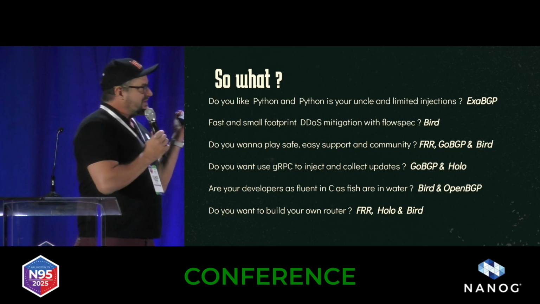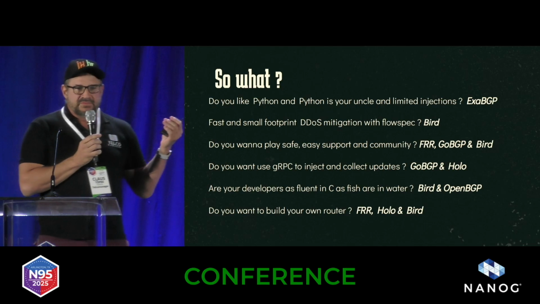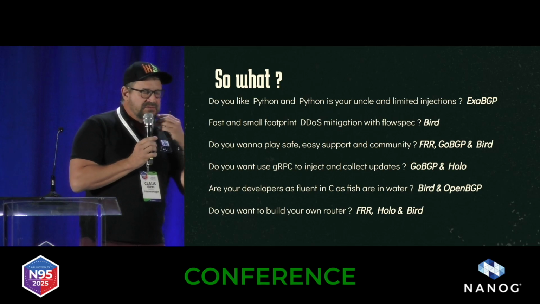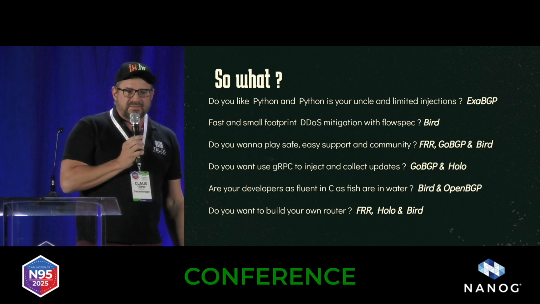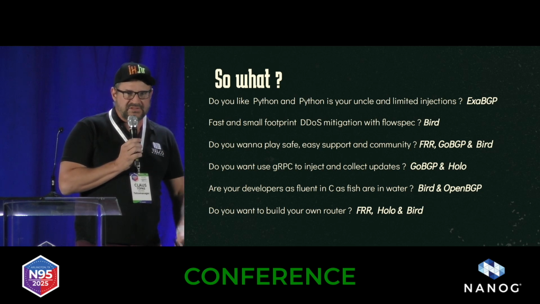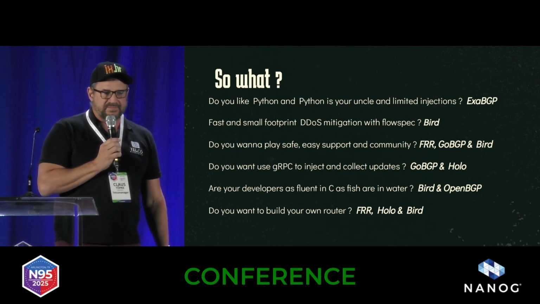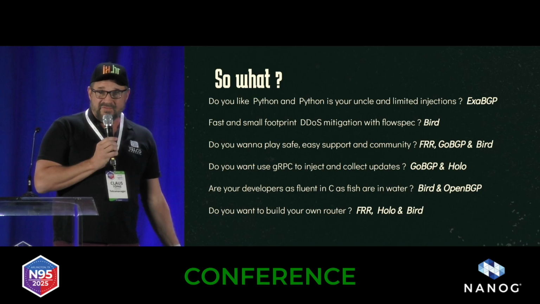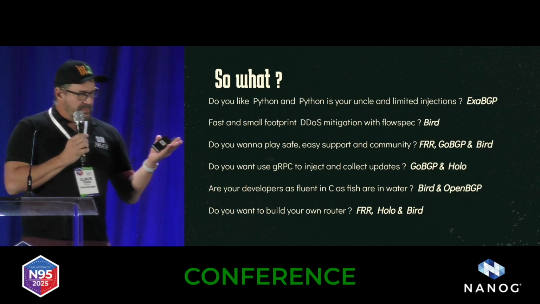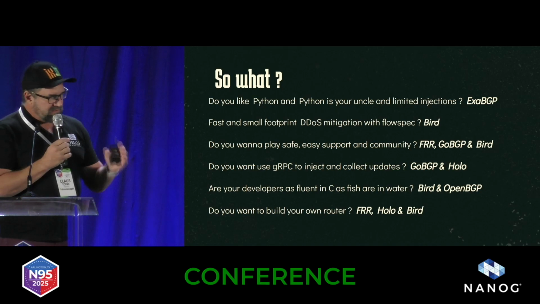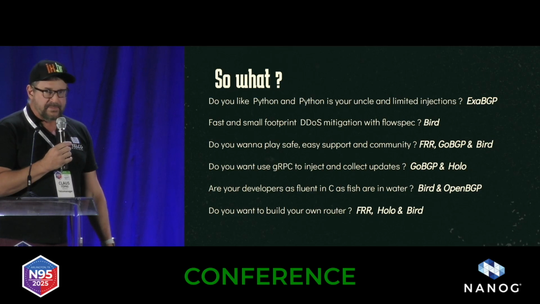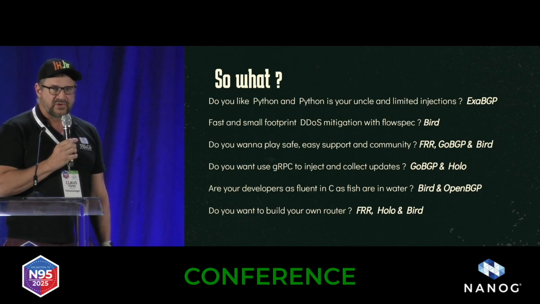That table matters less than what you have experience with and what your use cases are. If you love Python and you know Python upside down, ExaBGP is your uncle because it's super easy to integrate with Python. But if you want a small footprint, like small boxes, small CPU, small memory, Bird is your choice.